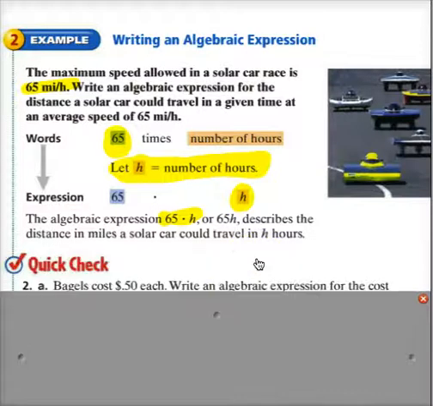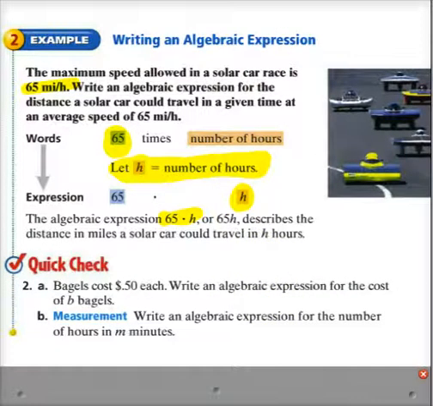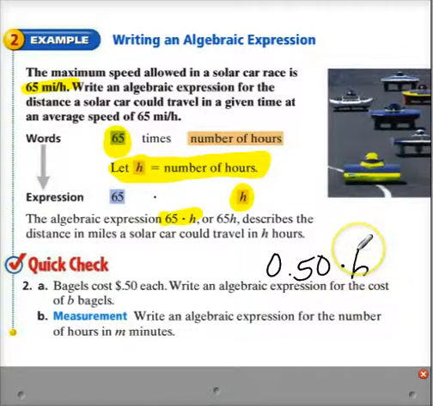Let's do another one. Bagels cost 50 cents each. Write an algebraic expression for the cost of b bagels. Well, my bagels are 50 cents, and I'm not sure how many I'm going to get, but I will multiply 50 cents times the number of bagels I get. So 0.5b would be another way to write this.